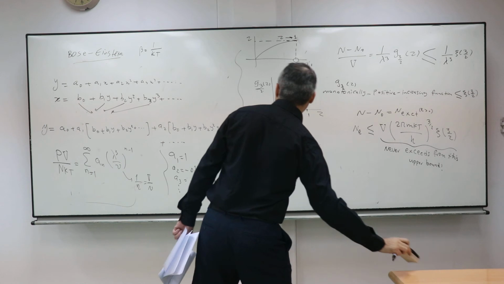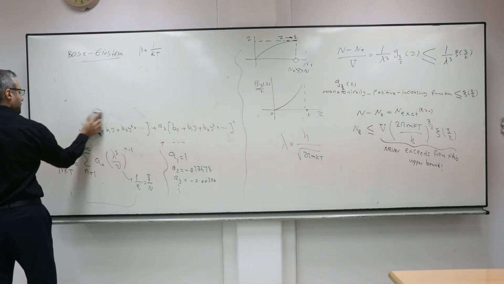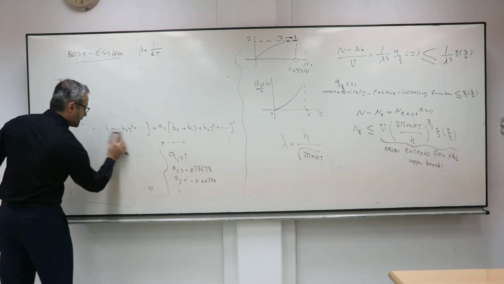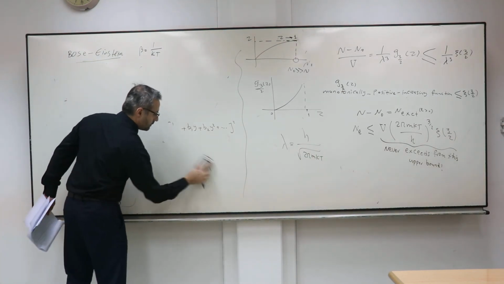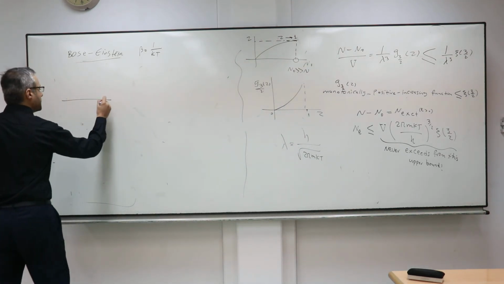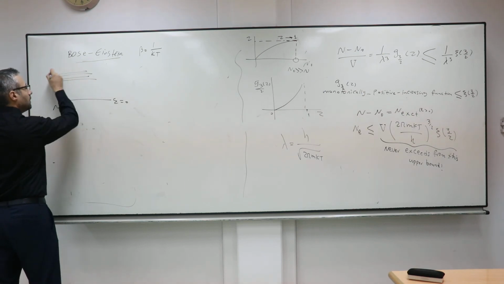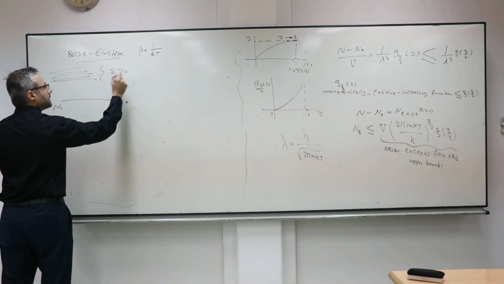Okay, I want to see how much is the maximum N excited, and after that, how many particles will be sitting in the other state. So we divide the system into two levels: one is the level with energy 0, with N0, and the other we call the excited states.